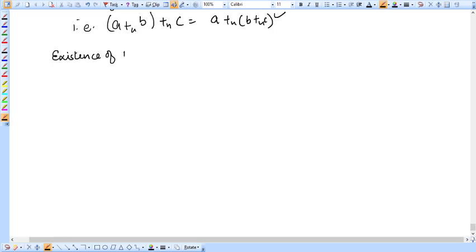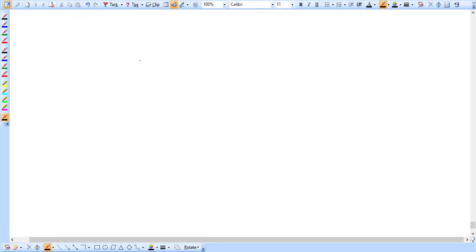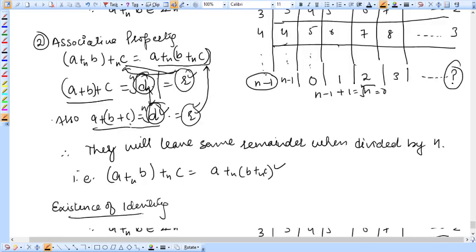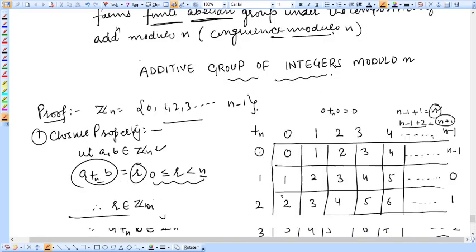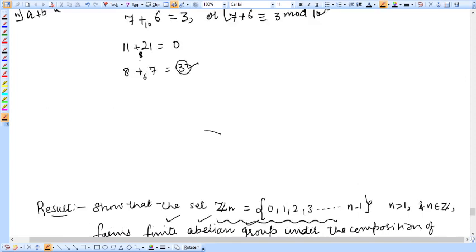Existence of identity. I would like to show with the help of the above table what could be identity in this case. So see here, page down.